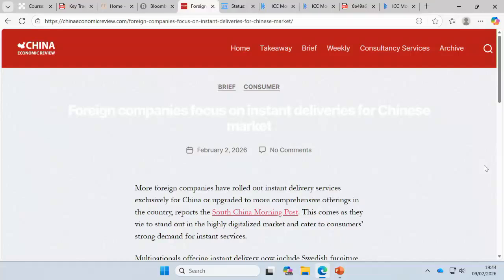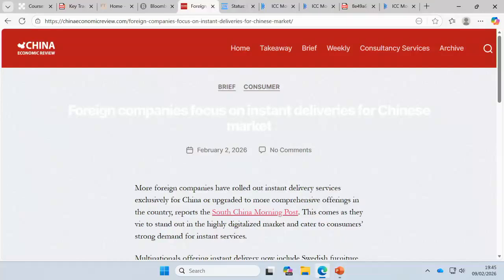The idea that you can order something and expect it to arrive in a very short period of time. And that's what this article is about. It's essentially saying that if you are a foreign company seeking to operate in the Chinese market, the expectation is that you will be able to, similar to domestic producers, deliver on an increasingly instantaneous basis.